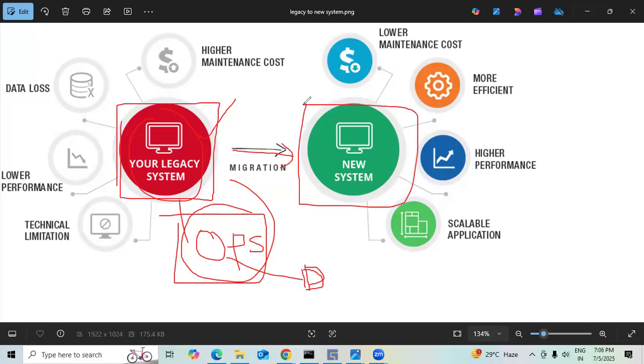So why is this required? Because with legacy systems, organizations usually face some challenges. The first is the maintenance cost.